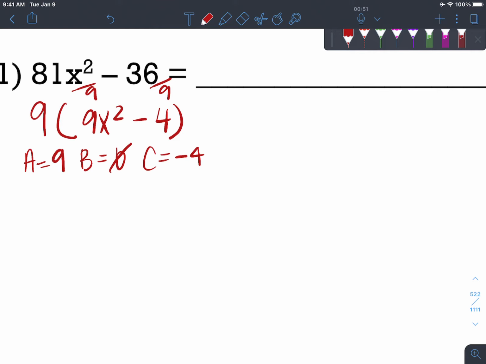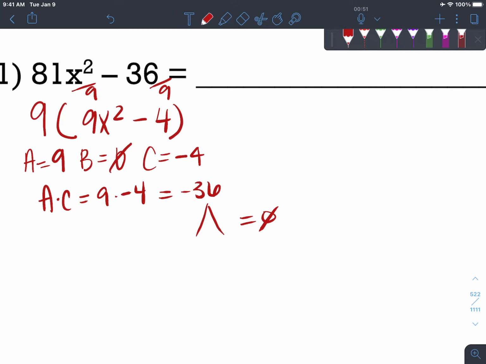A times C, and let's go ahead and multiply those together. So I need two numbers that when multiplied together will give me negative 36, but will add together to give me zero. That means these will be a zero pair.